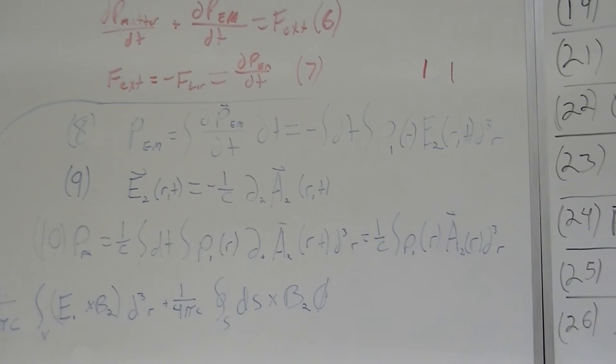Then this introduces a time-dependent current distribution, which is J2, the current density. This increases from 0 to the final value where it remains the same.